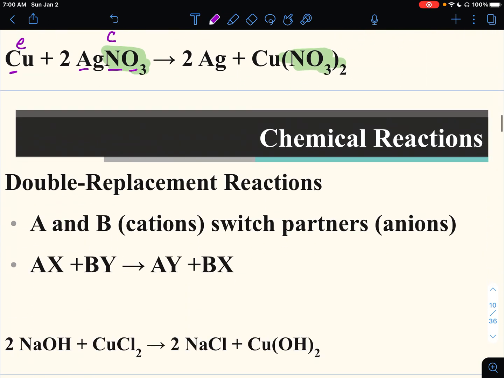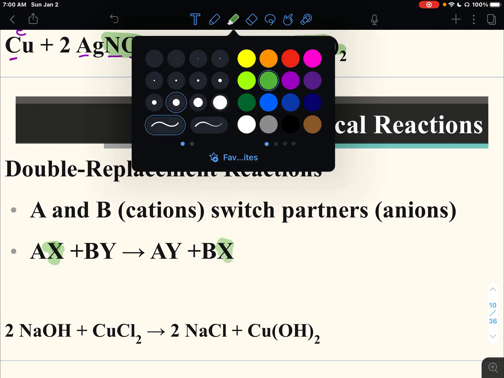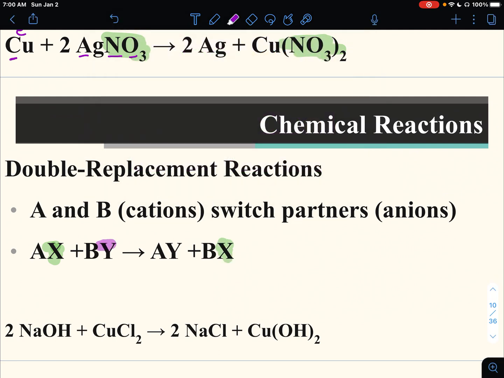But if we go to double replacement, we're going to have an X switching from A to B. And then we also have a Y switching from B to A. So if you look here, we have OH going from Na to Cu.